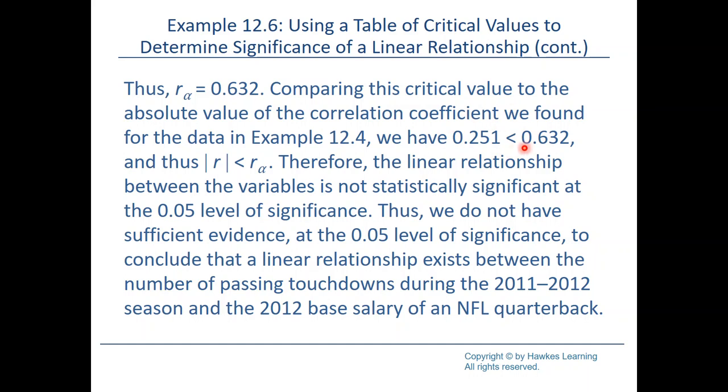This r alpha is going to come from our table. And I do notice that 0.251 is smaller than 0.632. So therefore, that basically tells us that there's really no linear relationship that is statistically significant.